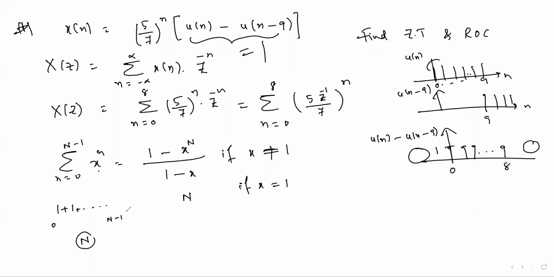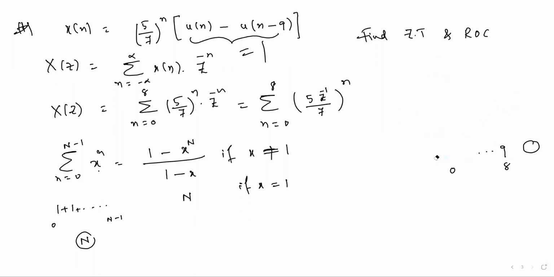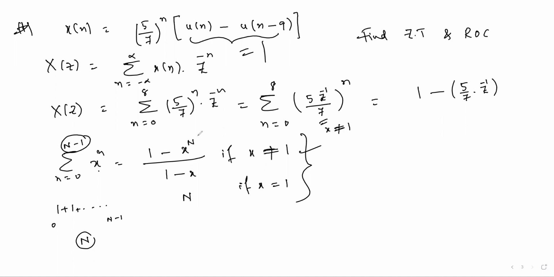So let us apply the sum of the series here. Here x is not equal to 1, so we can apply this upper expression: 1 minus 5 by 7 z inverse whole to the power of 9, since n minus 1 means 8, so n is 9, divided by 1 minus x.